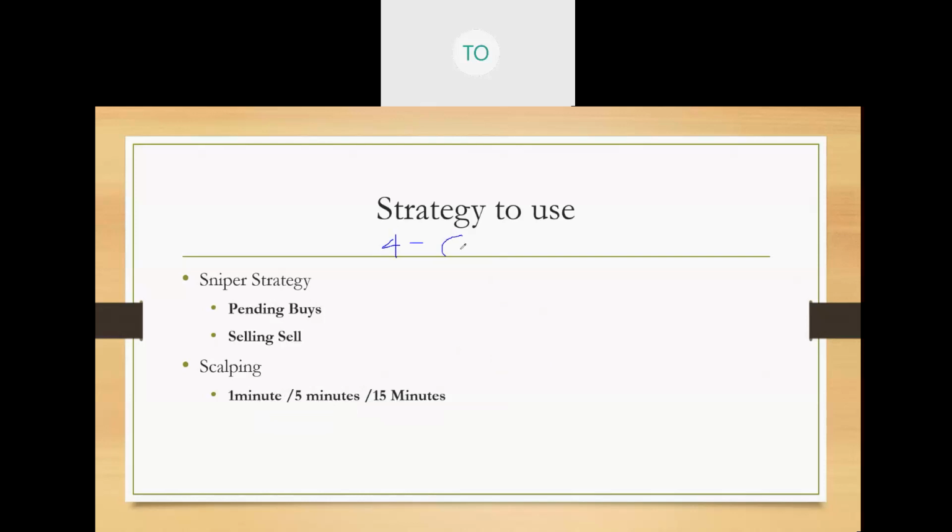So it can be 4, 5, or 6, which means if you want to trade the 1 minute, you can use a 5-minute candle to guide you. If you want to trade the 5 minute, you can use 5 times 5 is 25, the nearest is 30. You can do 30 to guide you. If you want to do 15 minutes, it is okay to use 1 hour.